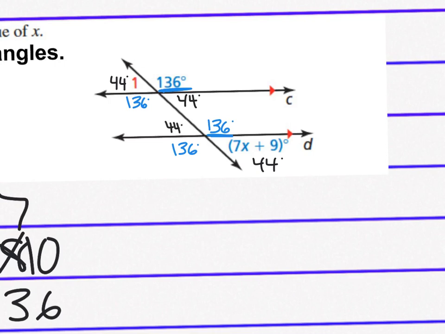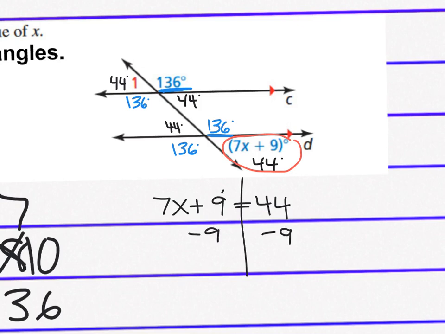So I can see from what I've written here that 7x plus 9 should equal 44. 7x plus 9 should equal 44, so I'm going to solve this. This is a two-step equation. First, I move my constant, the 9. It's a positive 9. I do the opposite. I subtract 9. So I'm doing 44 minus 9. I get 35.